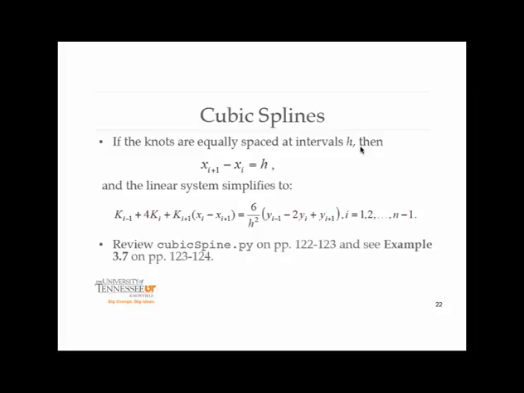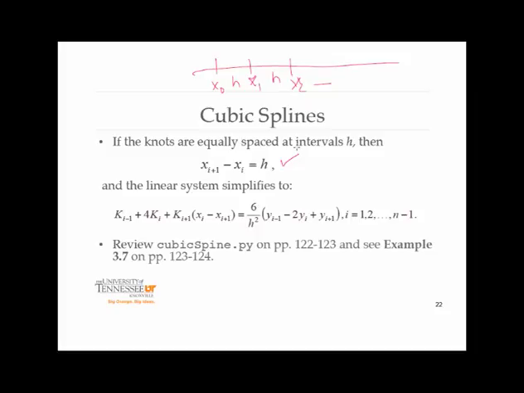Now, if the knots are equally spaced so that every time you move from one knot to the next, you travel the same distance. In other words, if the distance between x0 and x1 on the grid is h, and then you go another distance h for x2 and so forth, then of course we could say that the difference between x_{i+1} and x_i is h.